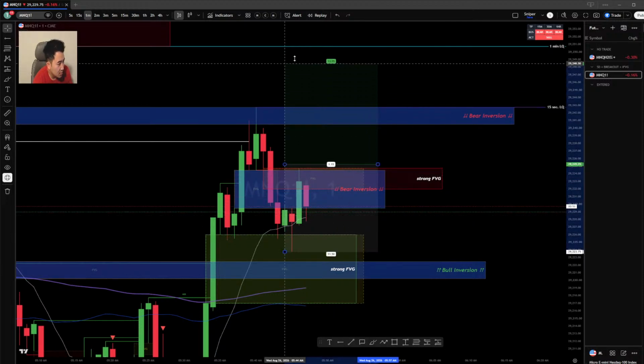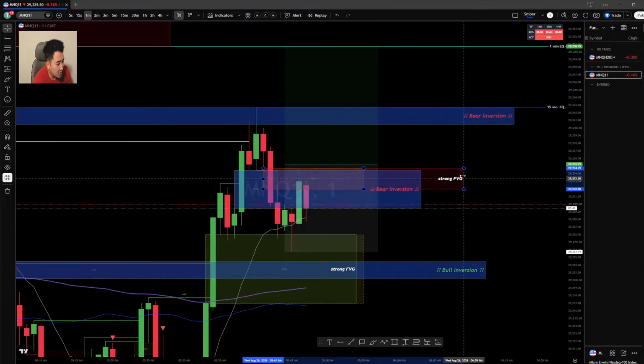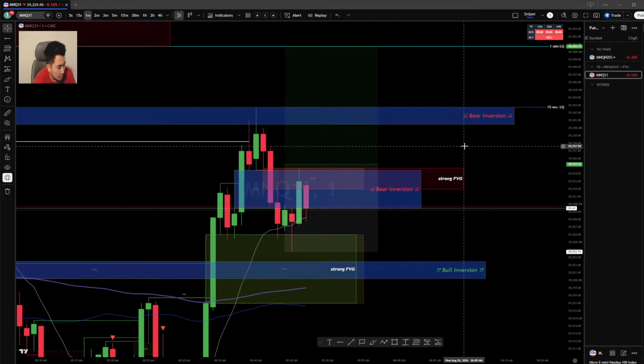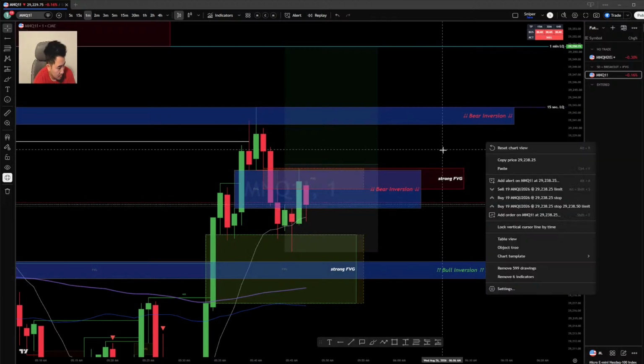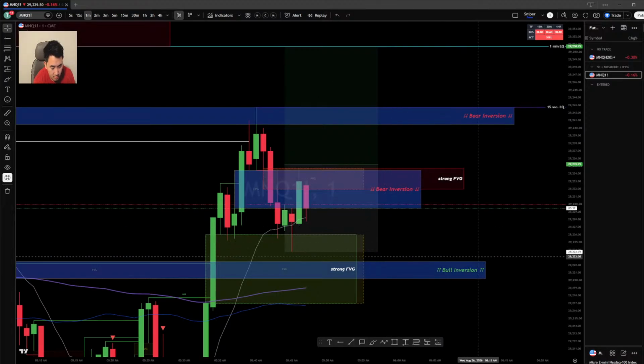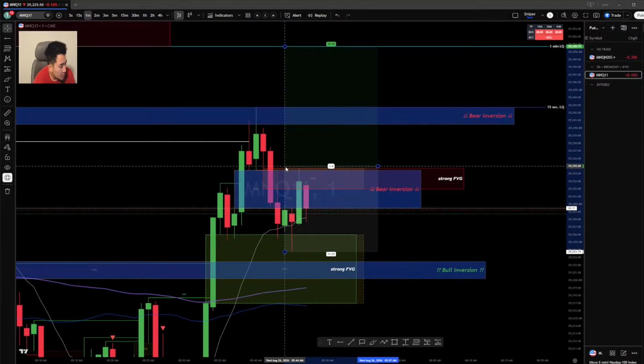That's a good push, but it still hasn't deleted the bearish inversion and the strong FVG here. Okay, let's see.